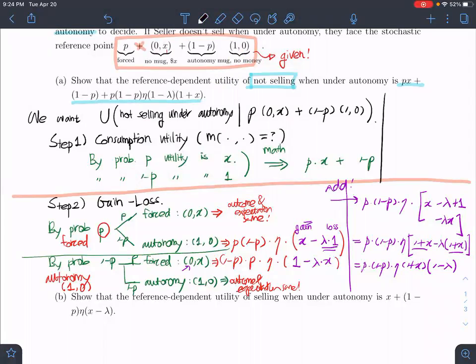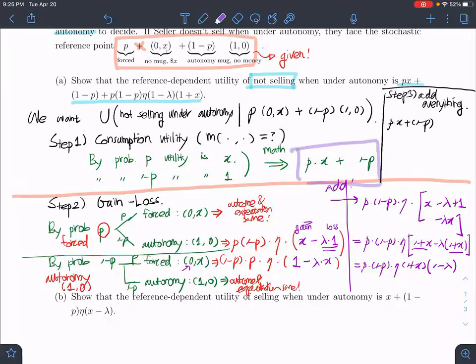This is not a very good presentation, but let me put step 3 here. Then we just need to add consumption utility and the gain loss utility. So add everything. Then our answer will be p times x plus 1 minus p. Oh, I was reading here.